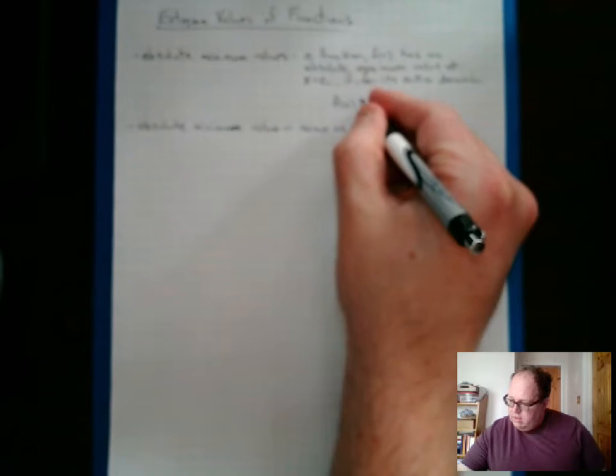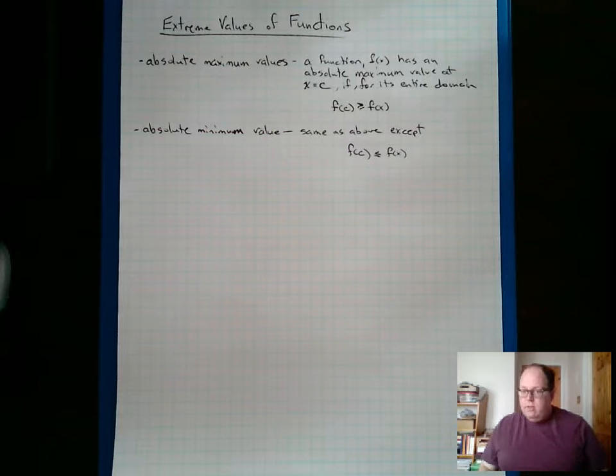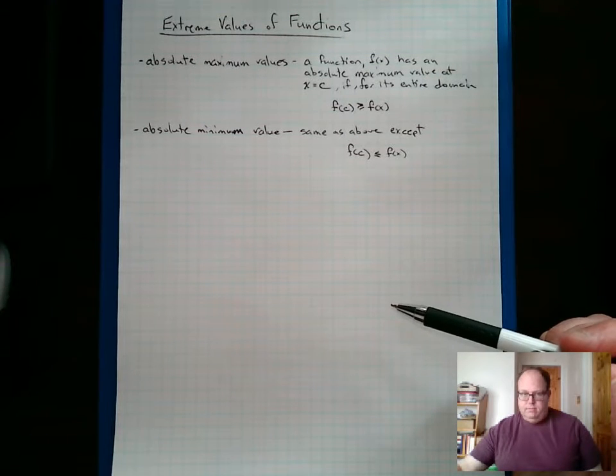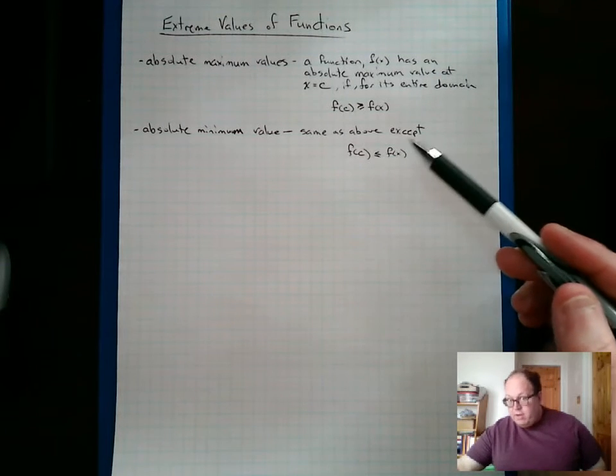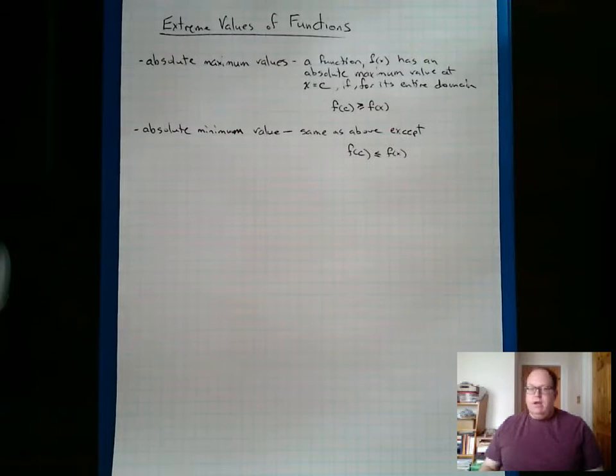Should have equal signs in there because the c is part of the domain. So basically on a graph we're talking about the highest point or the lowest point on a graph. You already talked about a special case of these when you're looking at quadratic functions. You refer to it as the vertex. In a standard quadratic that hasn't been reflected, the vertex would be the absolute minimum value of the function.